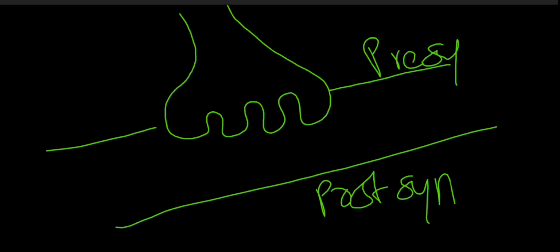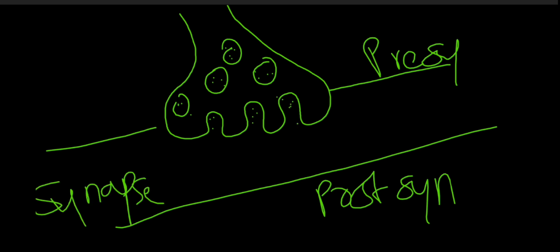Nerve terminals have vesicles like this. These vesicles contain neurotransmitters. This is called the synaptic cleft, which is present between the presynaptic and the postsynaptic membrane.